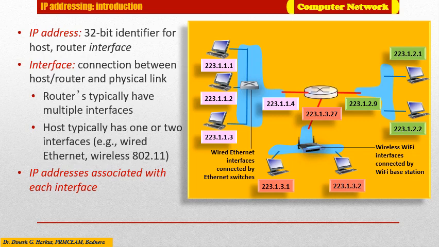That is, all these 4 interfaces have addresses 223.1.1.1, .2, .3 and .4, meaning the first three decimal numbers 223.1.1 are common among all these 4 IP addresses.